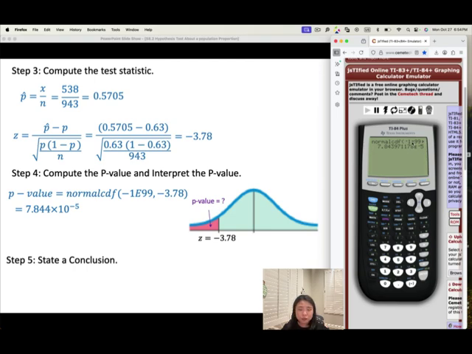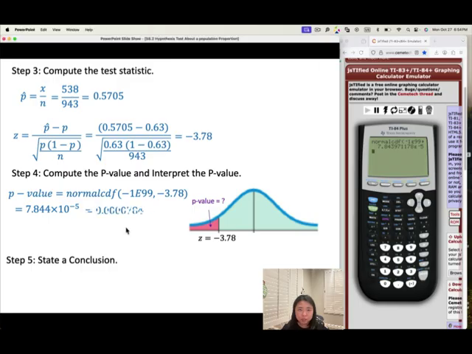This is scientific notation, talking about 7.844 times 10 to the power of negative 5. If we write it out, your decimal place is moving to the left 5 places. So from here, 1, 2, 3, 4, 5. That's called negative 5 in here.